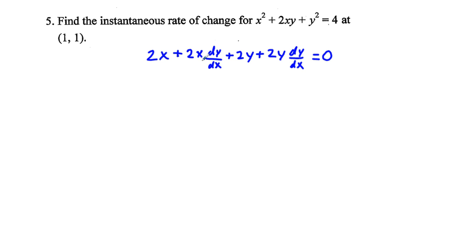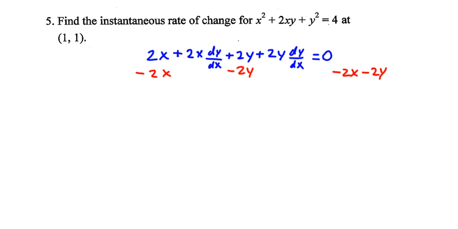Next, we're going to cast off, we have these 4 expressions on the left side of the equation. We're going to cast off anything that does not have this factor dy/dx. And to do that, we're going to subtract from both sides 2x and 2y. And we do the same thing, use the golden rule of algebra on the other side of the equation.